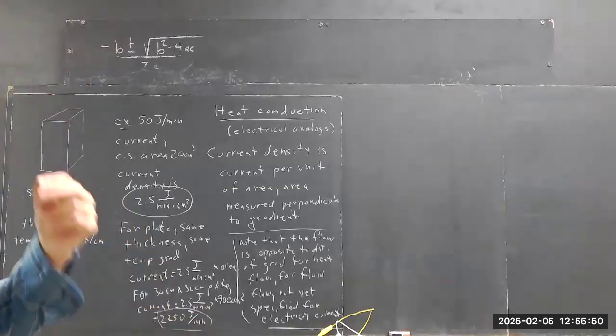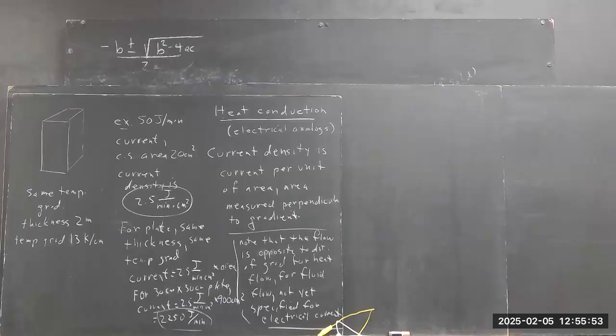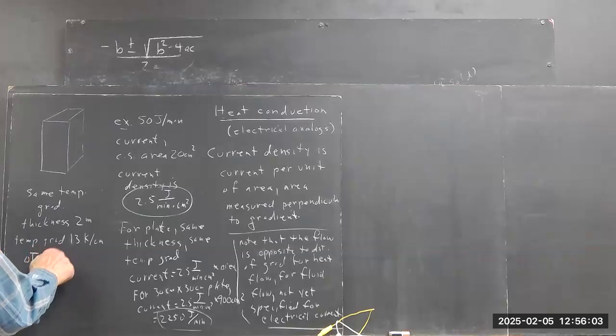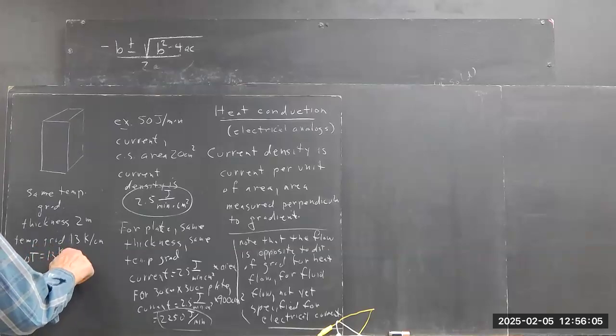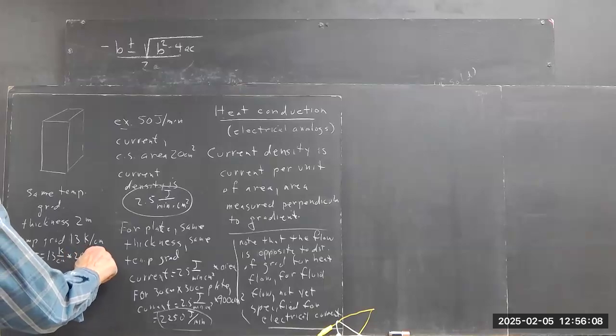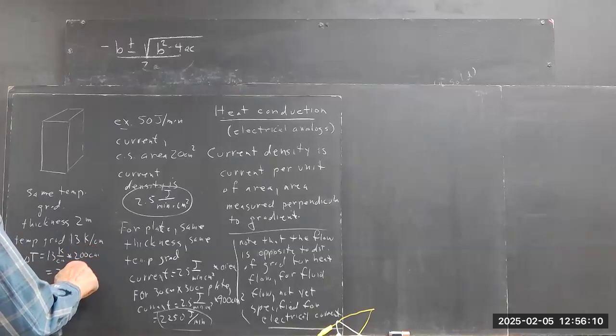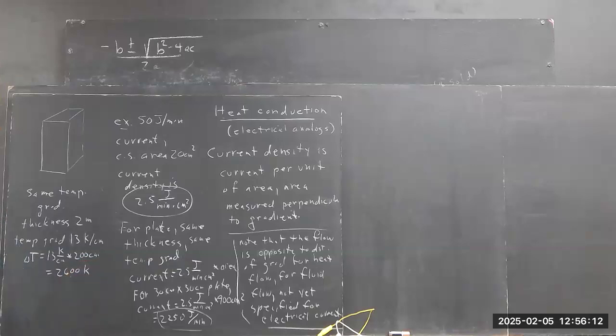Well, I'll just tell you because it's really obvious. If you got 13 Kelvin per centimeter, thickness of 2 meters, that's 200 centimeters. Okay. So that still won't melt at that temperature, I don't think. I don't melt a lot of steel.